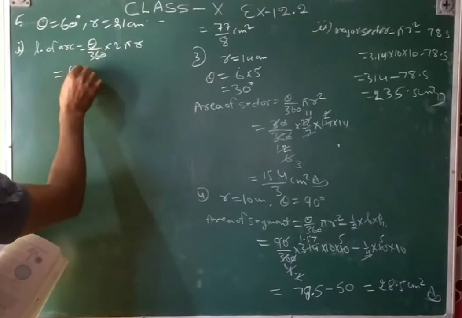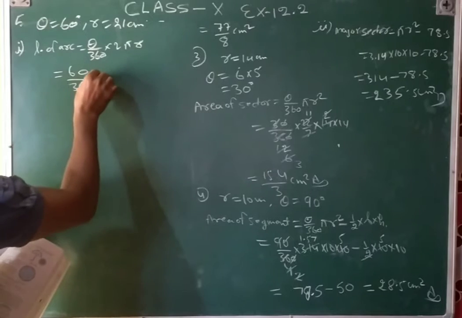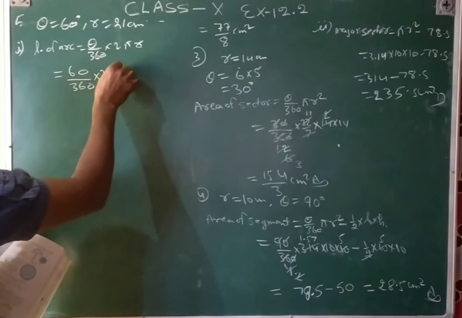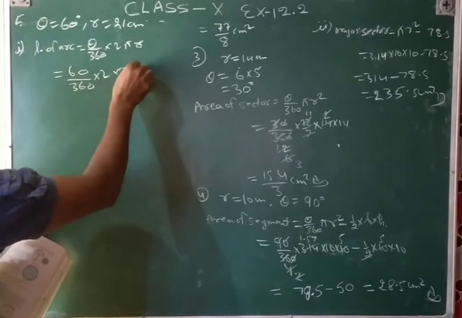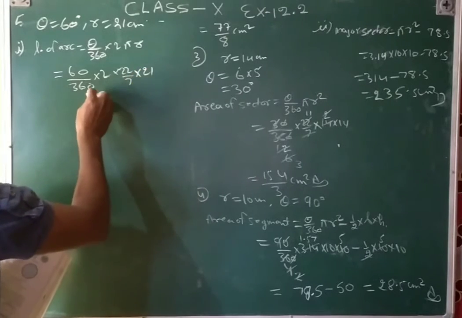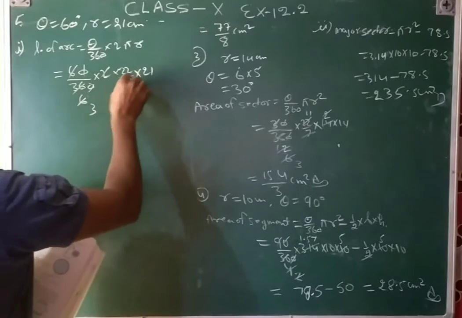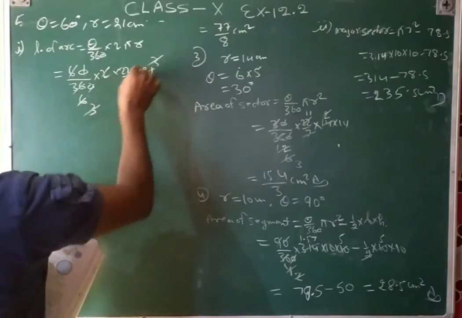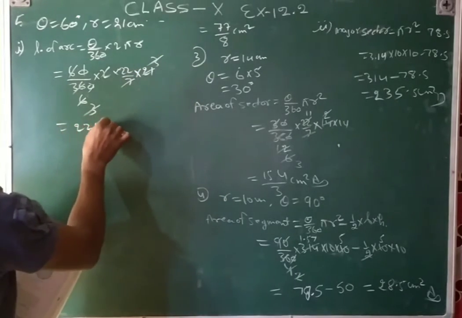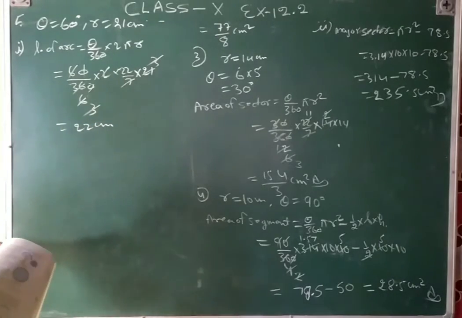So theta is 60 degree upon 360 into 2 into 22 upon 7 into 21. So that 0 0 6 6 ja, then 2 3 ja, 7 3 ja, 3 cancel by 3. So that is 22 centimeter.